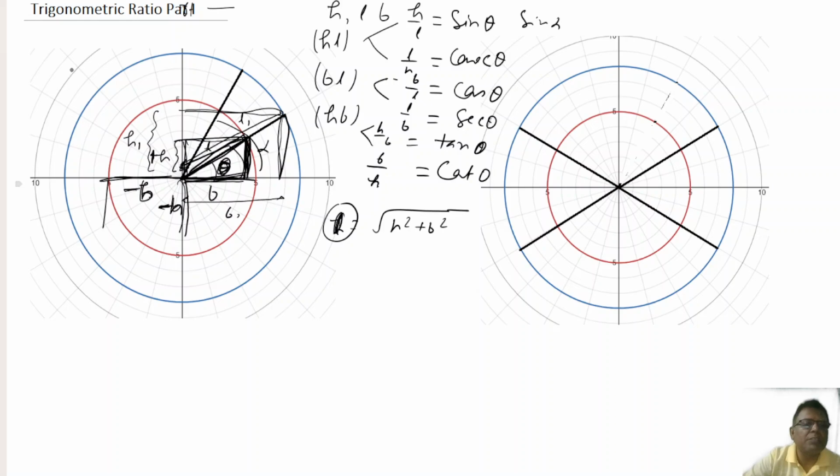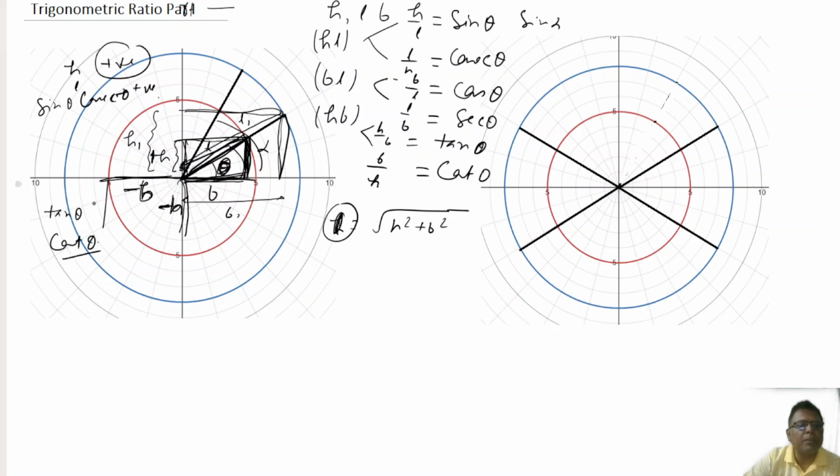So the quantity which involves H and L will be positive here. Which quantities involve H and L? Sin theta and cosec theta. So here sin theta and cosec theta will be positive. And the quantity involving B and H will be positive, because the ratio of this will be positive. So this involves tan theta and cot theta.